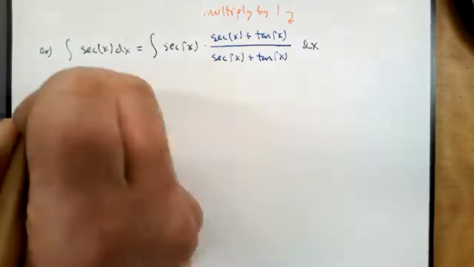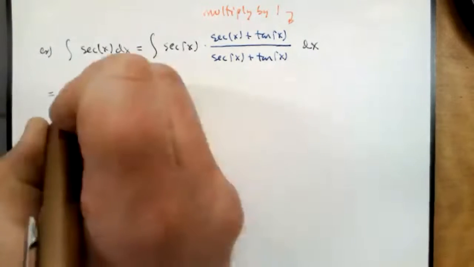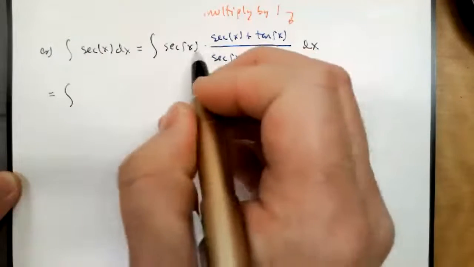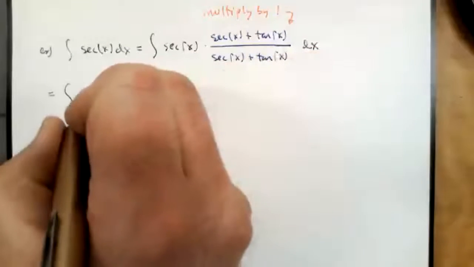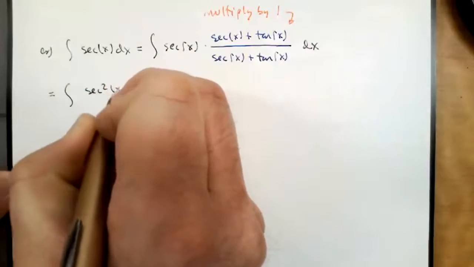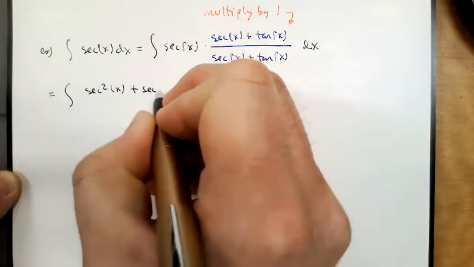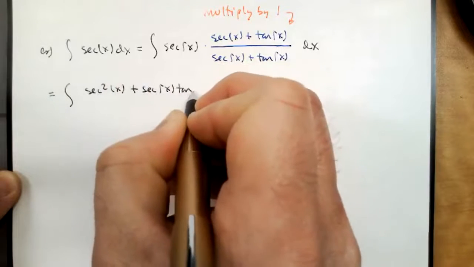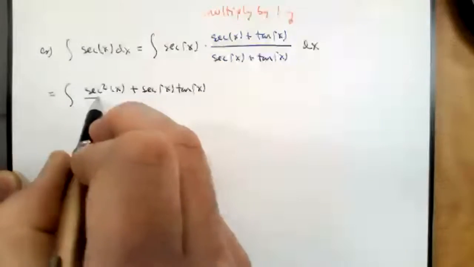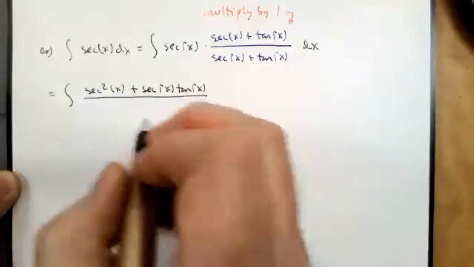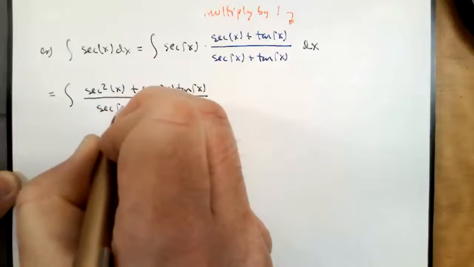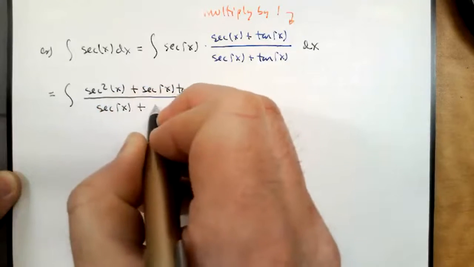So our integral will be the integral of, on the top, secant squared plus secant tangent, and in the denominator, secant x plus tangent x.